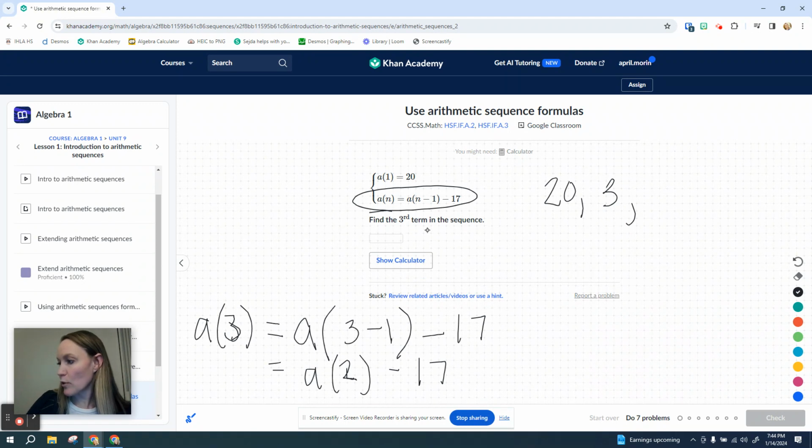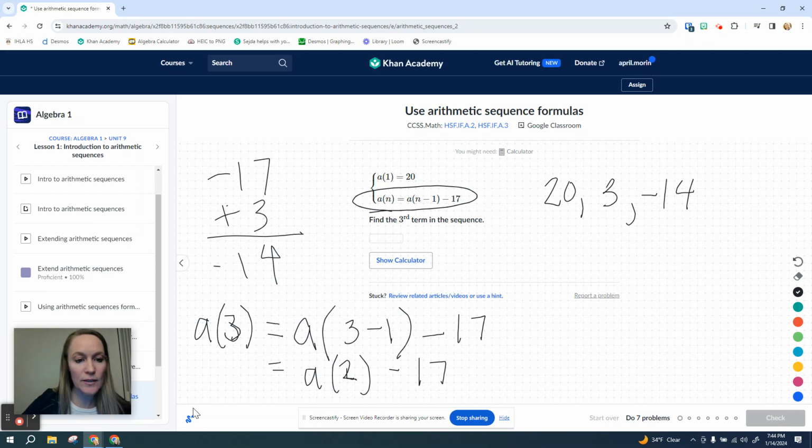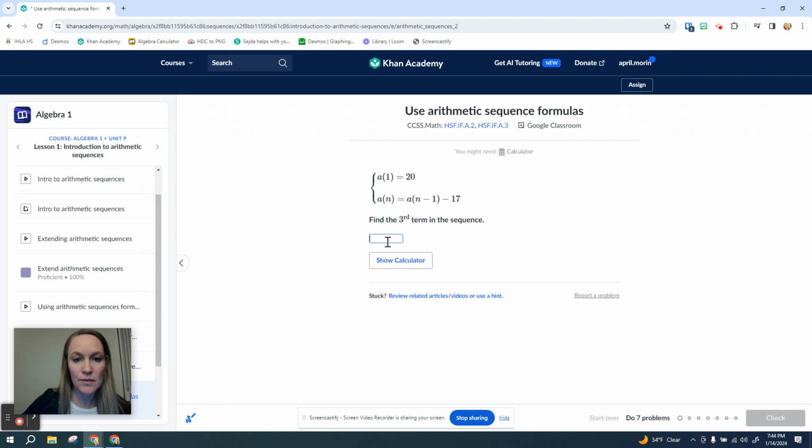And then for the third term we subtract 17 again, and then we get negative, let's see, 3 minus 17. Oh, plus 3, right? I forgot what I'm doing here. And so I get negative 14, right? So it should be negative 14. So let's go ahead and try that one.